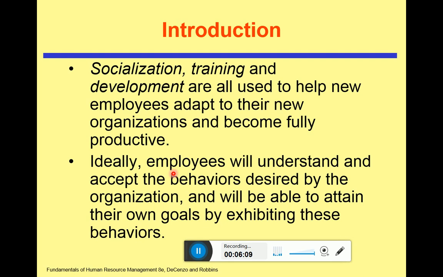Which rules are mandated and which are prohibited. All these are behaviors. So the individual will learn and accept those behaviors needed by the organization, and this will happen with the help of socialization, training and development, and they will be able to attain their own goals.